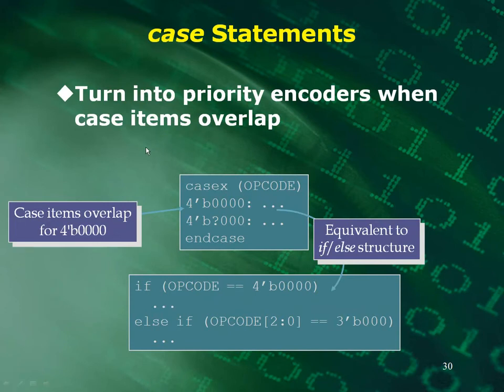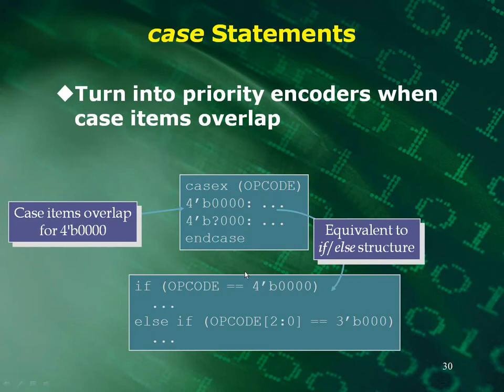But if you do something that's not mutually exclusive in case statements, such as this one here, where they overlap, then it's actually turned into a priority encoder. So it would look like this. It would take this one first.